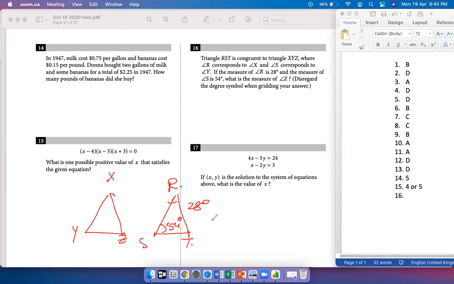So angle Z is equal to angle T, and angle T will be 180 minus (54 plus 28), which is 180 minus 82, which is 98. Because that is T, and Z will also be T because they are congruent. So 98 is my answer.